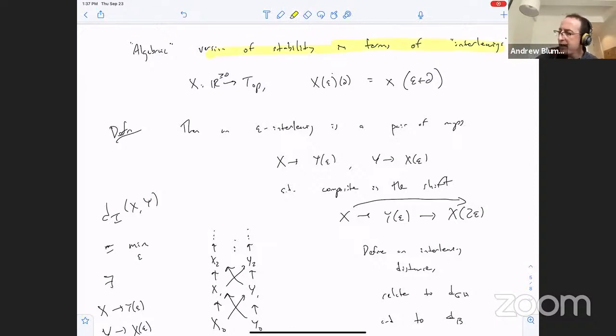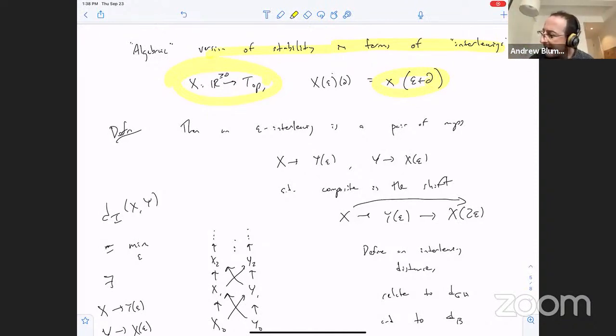So if we just have a functor X from R with its order, I guess positive reals, to Top, then for any real number delta, I can define a delta shift by translating by delta before I evaluate. And so I can shift these things up and down and translate them.